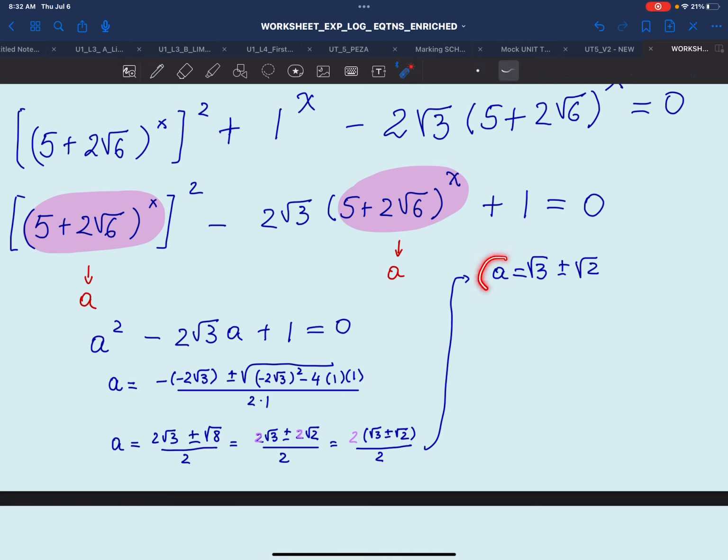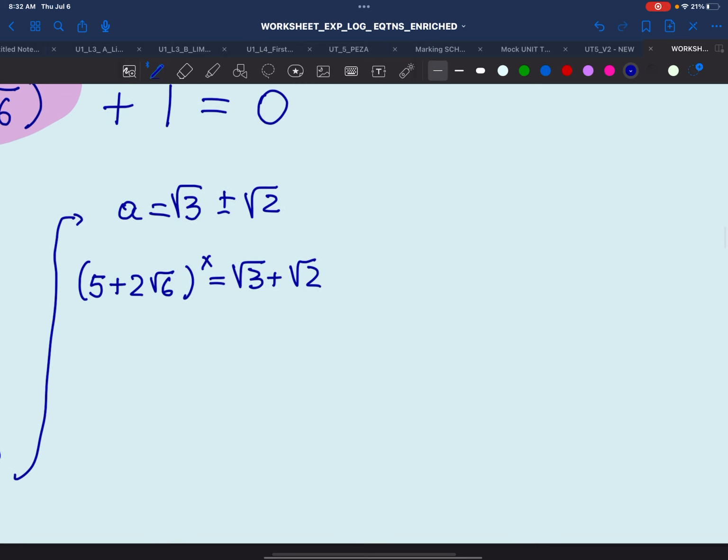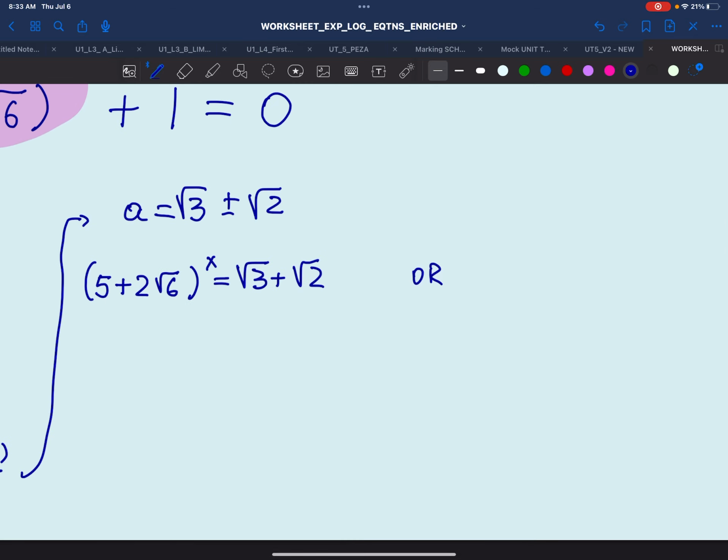And that means we have to bring 5 plus 2 root 6 in. And we'll say that 5 plus 2 root 6 to the power of x equals root 3 plus root 2, or 5 plus 2 root 6 to the power of x equals root 3 minus root 2.